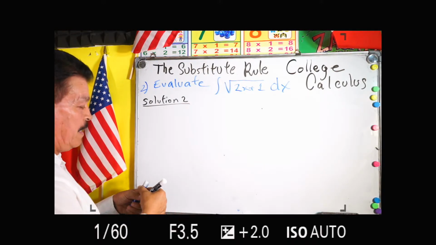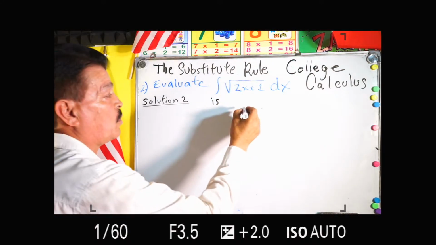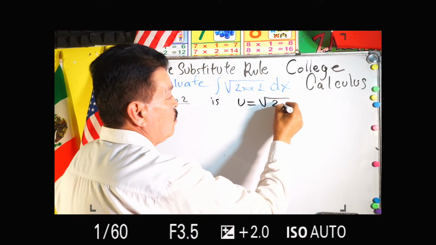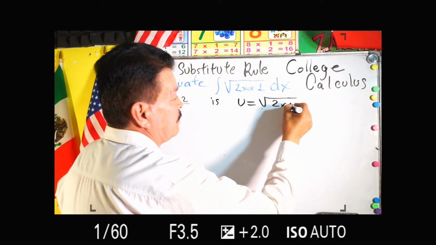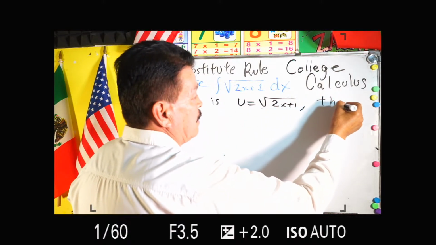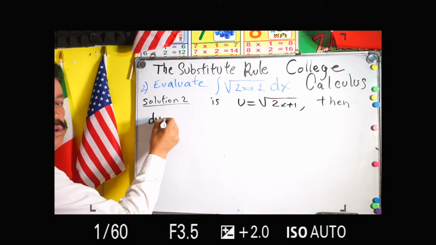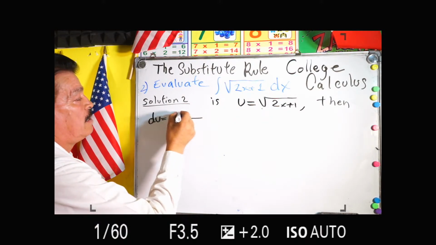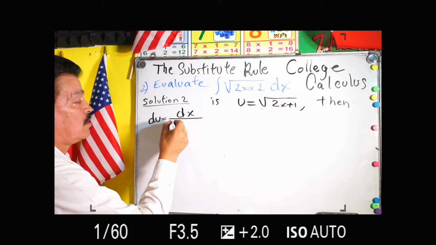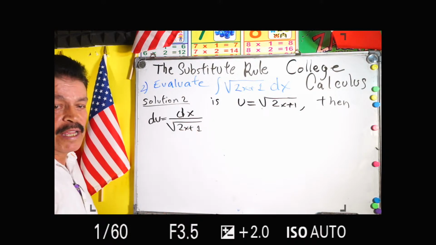Another possible solution is u equals the square root of 2x plus 1. Then let's write du, the differential of u, equals the differential of x divided by the square root of 2x plus 1.